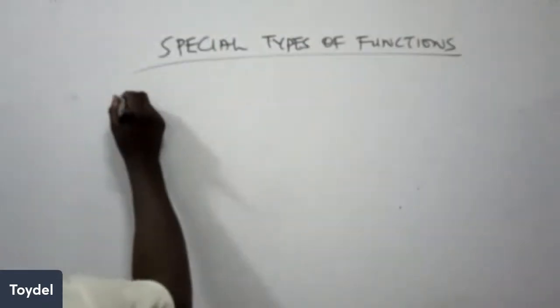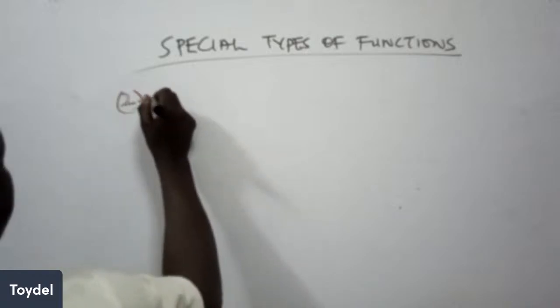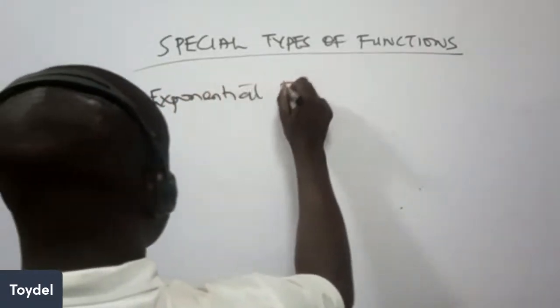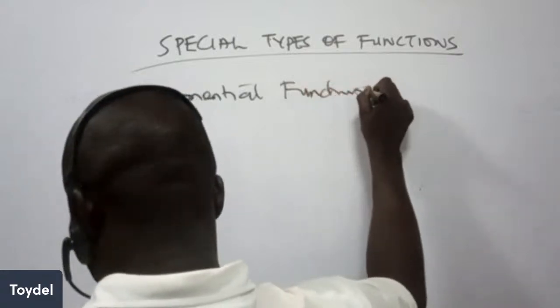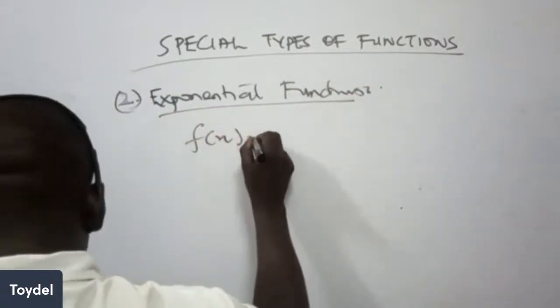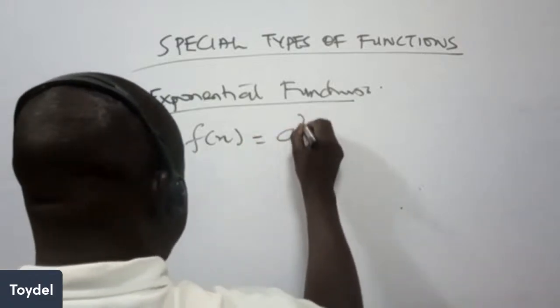We can also have the second type of function, which is referred to as the exponential functions. Under exponential function, we can have f of x equal to a raised to power x.